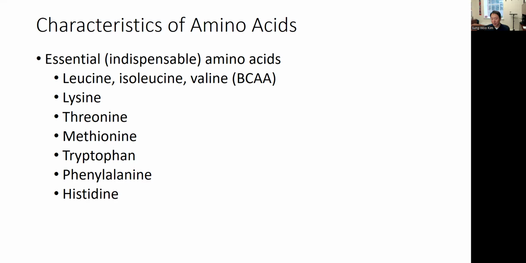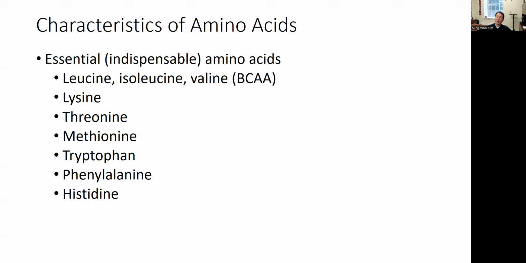If we don't receive enough of them from the food or feed, then we will have difficulties making the proteins needed for the function of the body and tissue gain. Okay? So these essential amino acids are leucine, isoleucine, and valine. Okay? Those are neutral amino acids.